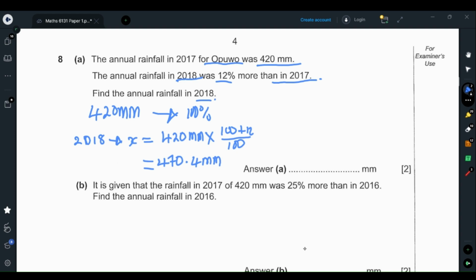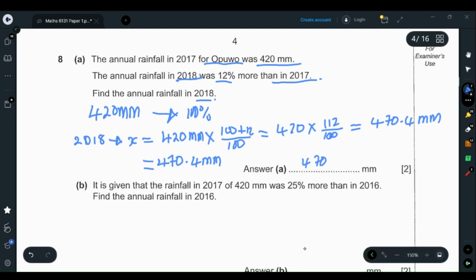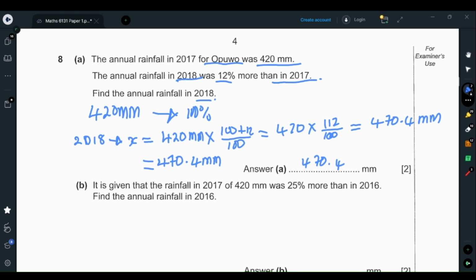So that was the rainfall. I can also write this as 420 times 112% over 100, which gives us 470.4 millimeters. So 470.4 millimeters was the rainfall in 2018.